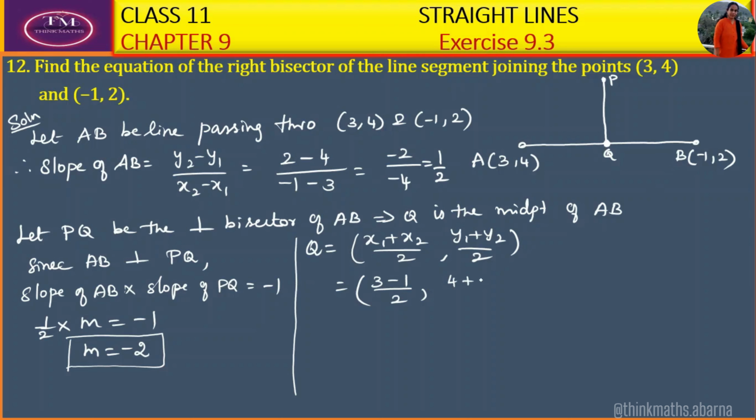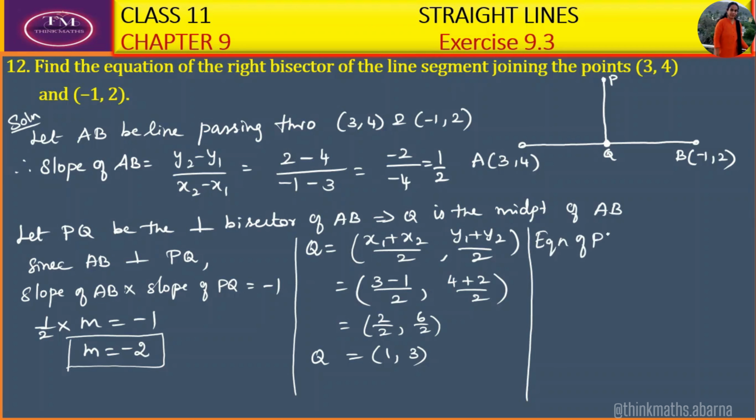So it is 4 plus 2 divided by 2. So 3 minus 1 is 2 by 2. 4 plus 2 is 6 by 2. So 2 by 2 is 1. 6 by 2 is 3. So we have a point Q as well as M. So slope point form. So what is the equation of PQ? It is a general format.